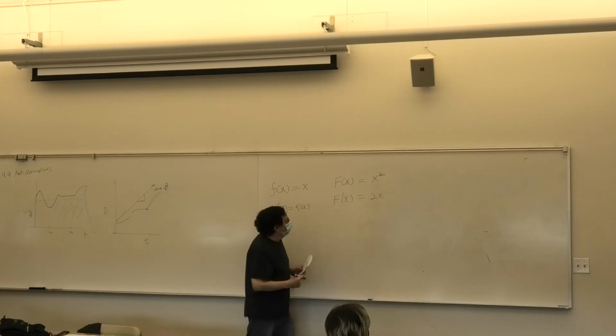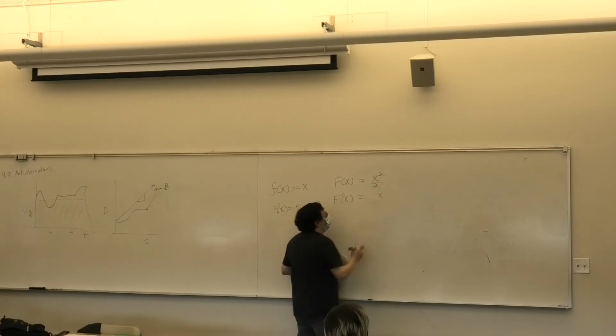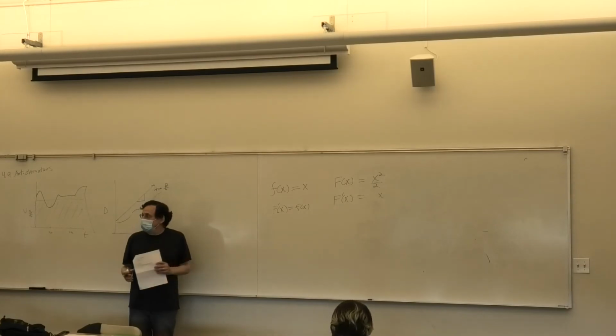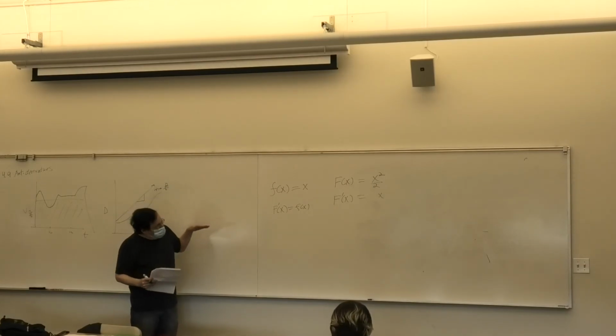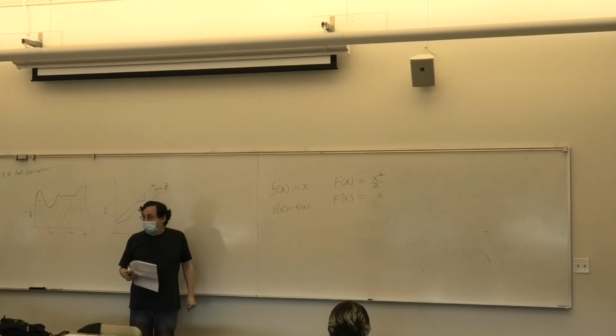Well, okay, that tells me if instead of x squared, I make it x squared over 2, the derivative will be equal to x. In this class, that's going to be the predominant way we're going to find antiderivatives.